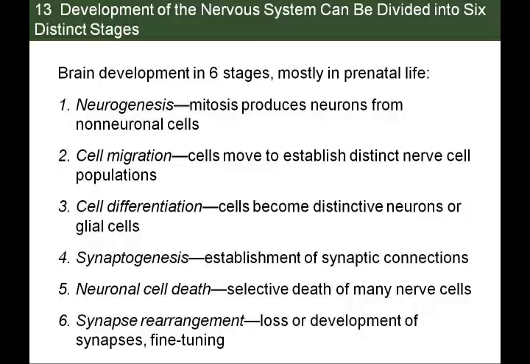Then once they get there, they have to start looking like a neuron or a glia cell, growing dendrites and axons. Once they do that, they have to start making synapses: synaptogenesis.